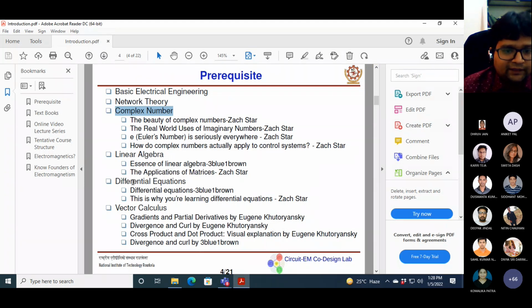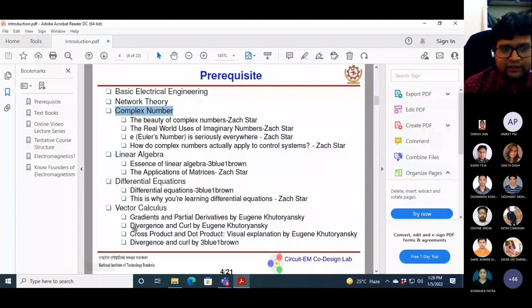And another course you have already, I think, done, that is differential equations. Here the Maxwell equations are written in terms of differential equations, or basically you can say vector differential equations. That's why you need a little bit of background in differential equations.